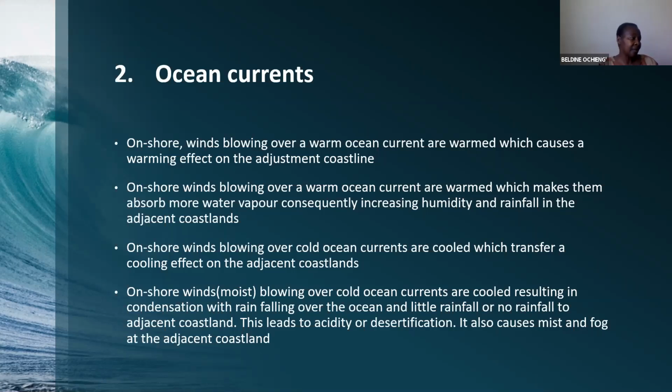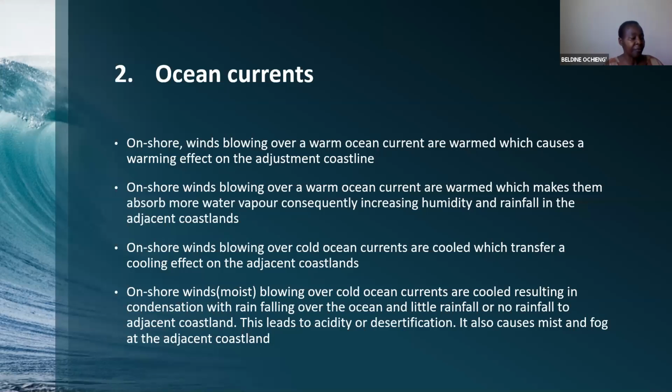The last effect: moist onshore winds blowing over cold ocean currents are cooled, resulting in condensation with rain. They are onshore, they are cold, yes, but they are moist. So they are getting cooled, resulting into condensation with rain falling on the ocean.